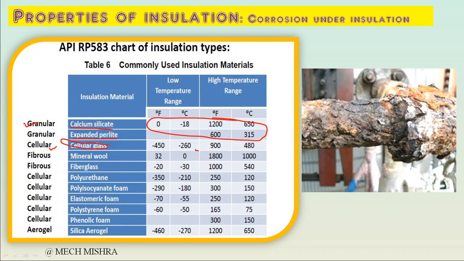Then fibrous, which is frequently used: mineral wool and fiberglass are the two types. Last one is aerogel, an advanced version, a silica aerogel. Here the operating temperature range is very high, -270 to 650. So these are the commonly used insulation materials which we should be aware of.